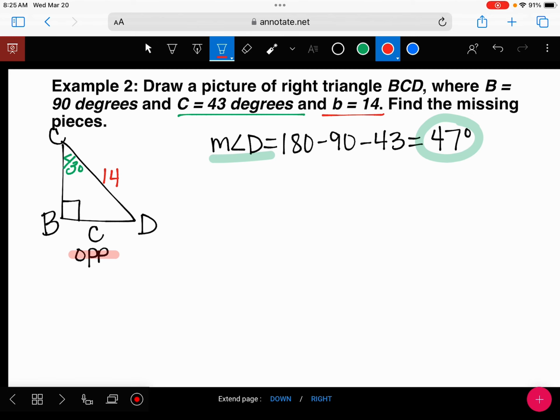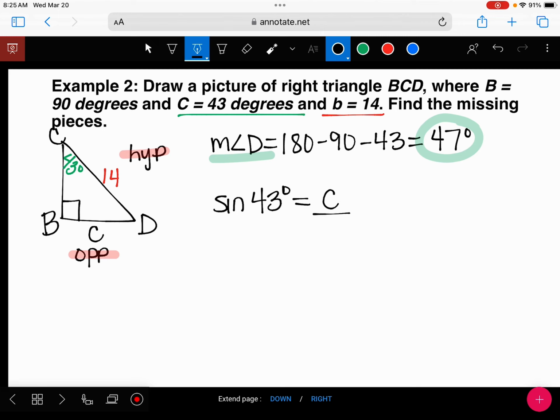What is 14? Hypotenuse. What trig ratio uses opposite and the hypotenuse? Sine. Good. So we have the sine of 43 degrees equals opposite, which is C, over the hypotenuse. So go ahead and cross multiply and solve that for C.